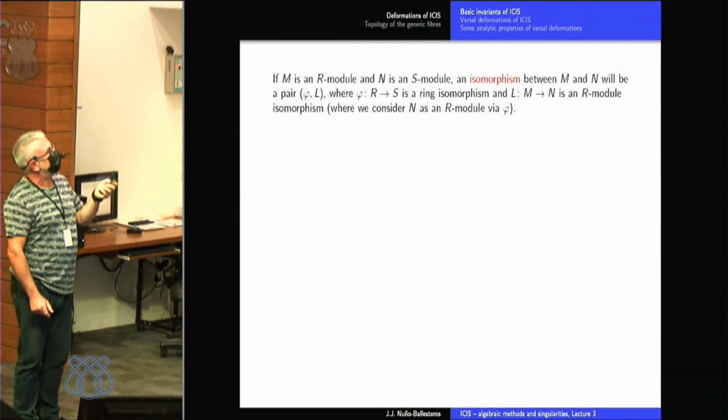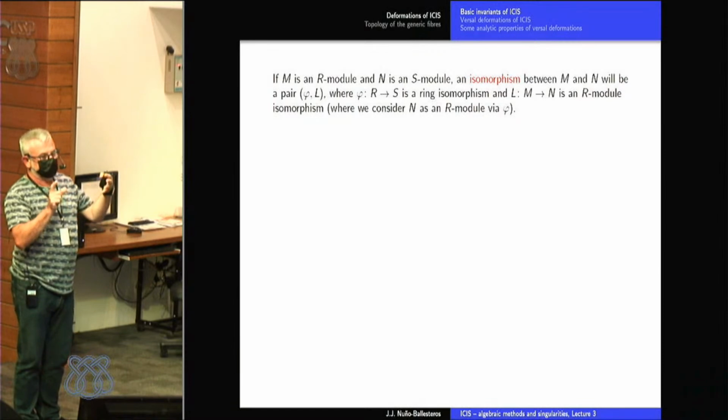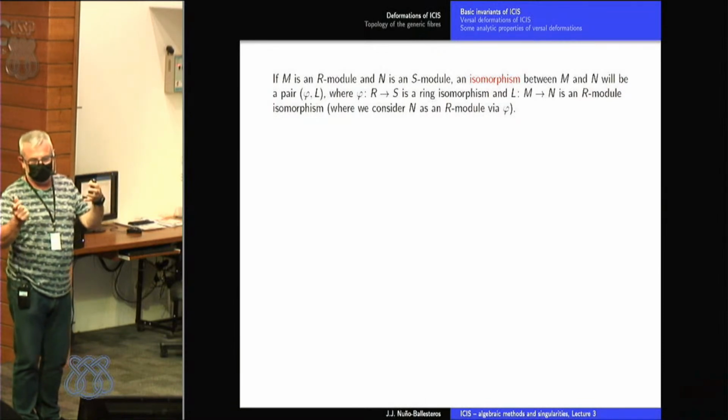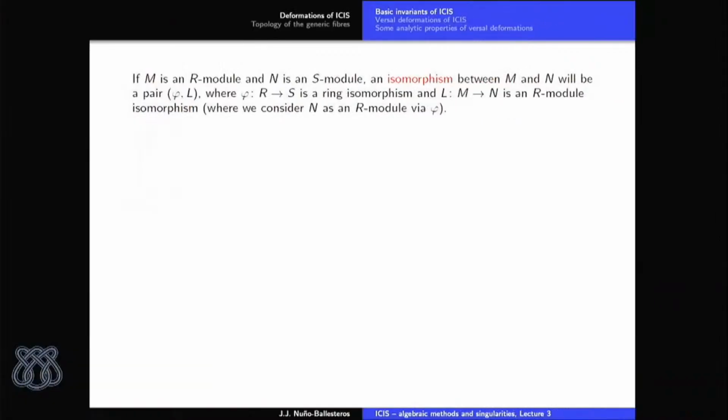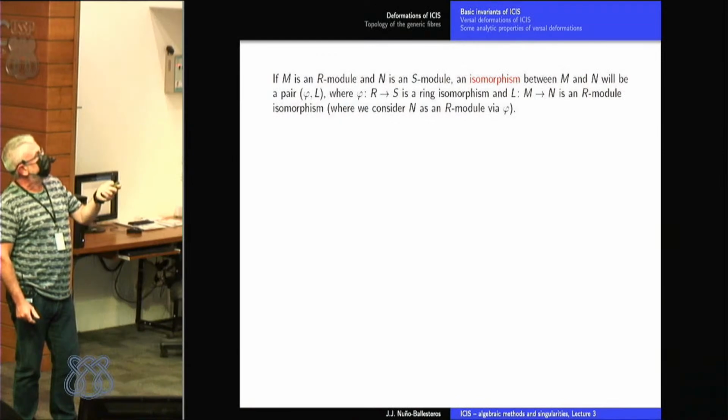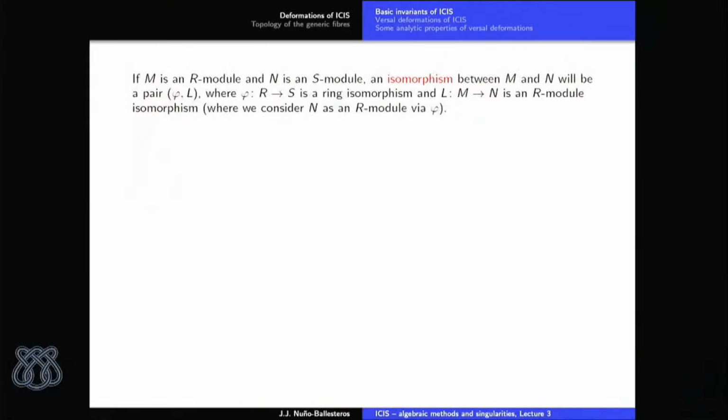Of course, we have to introduce here a definition, because if you have to compare two such modules for two such ICIS, then one module is defined over one ring and the other module is defined over a different ring. So if M is an R module and N is an S module, an isomorphism between M and N will be a pair (phi, L), where phi is a ring isomorphism and L from M to N is an R module isomorphism, where here we consider N as an R module via phi.